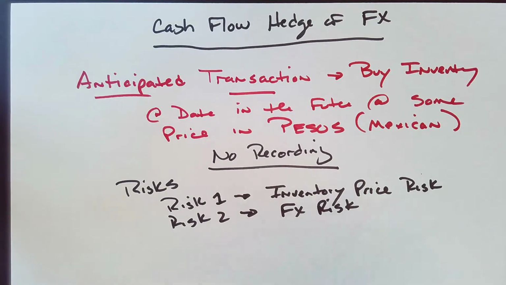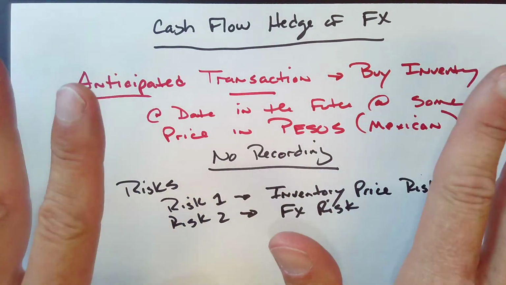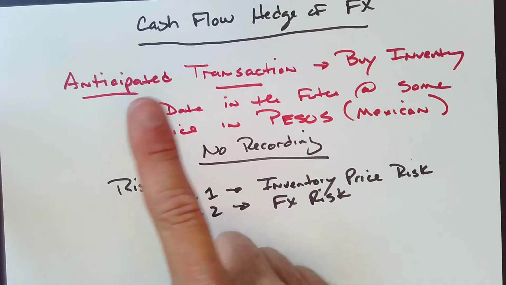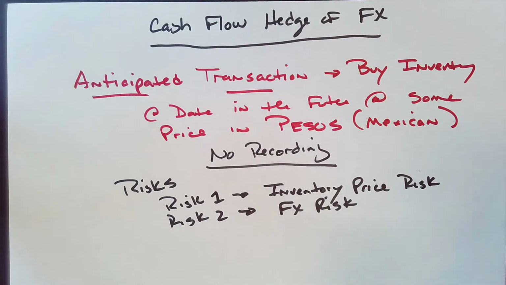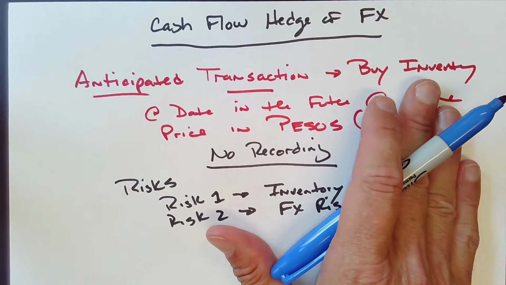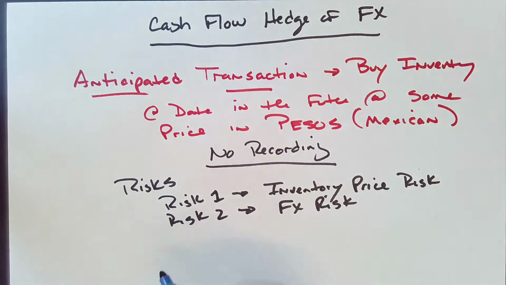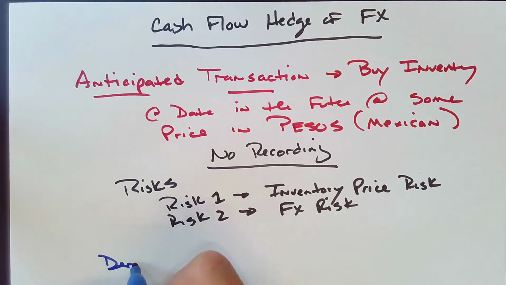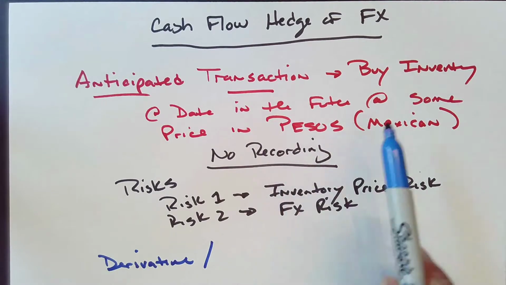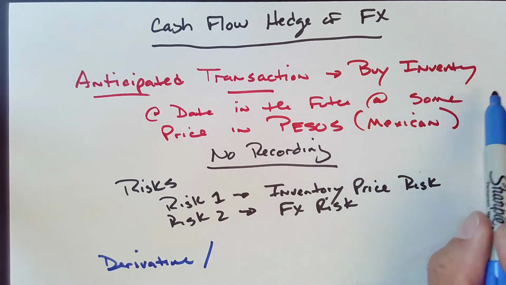But here, with a cash flow hedge, this makes sense because there's no recording here, but if I put on a derivative, what happens to the derivative, right? If I put on a derivative, or if I put on an on-balance sheet transaction, right? So this is one where you could do a derivative, or, right, I have to buy inventory, so why don't I actually buy the pesos now?